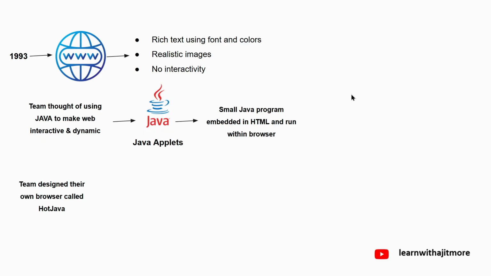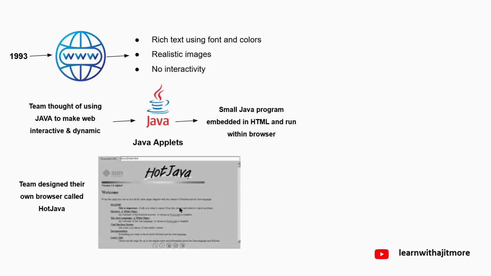Obviously they would have to come with a new version of the browser which is applet compatible. They were not ready, so this team thought, okay, to test this applet we will create our own browser. The team designed their own browser called HotJava. This is the oldest and first browser created in Java, in which applets were tested.